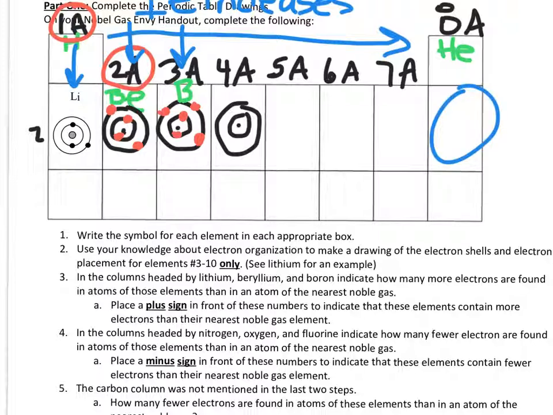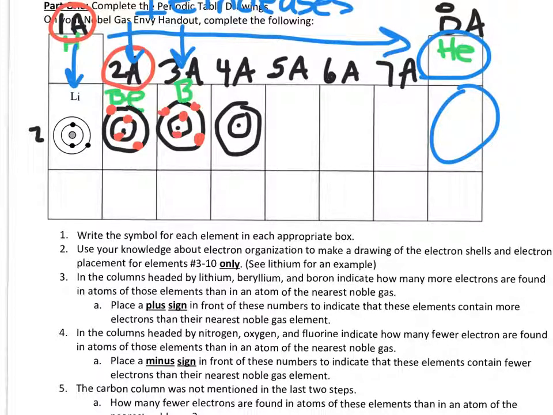It's actually helium. Because remember, if we think about it, you can even pick up your periodic table and twist it into a cylinder. So lithium is really close to helium. Beryllium is close to helium, and boron is closer to helium than they are to neon.